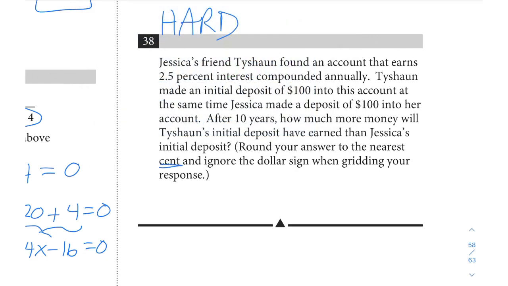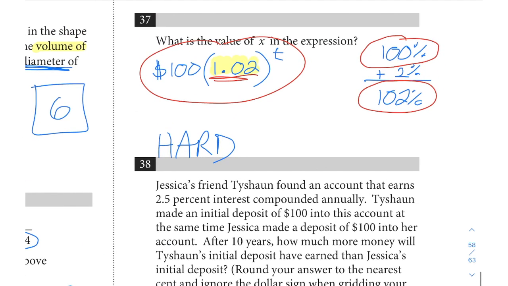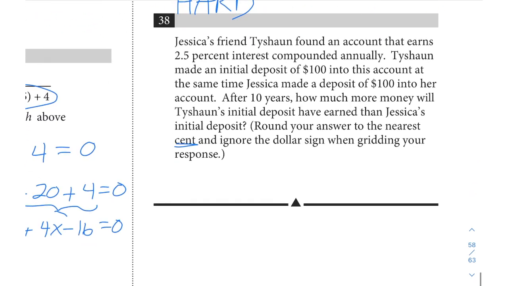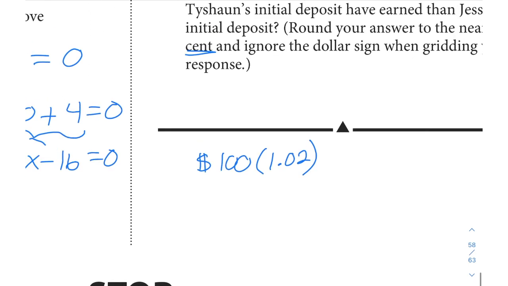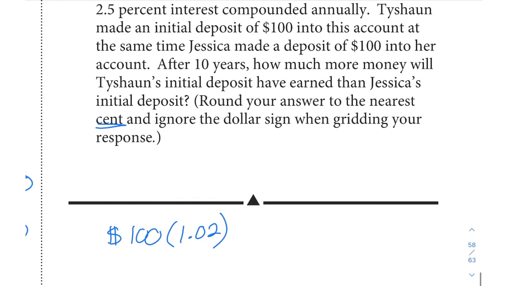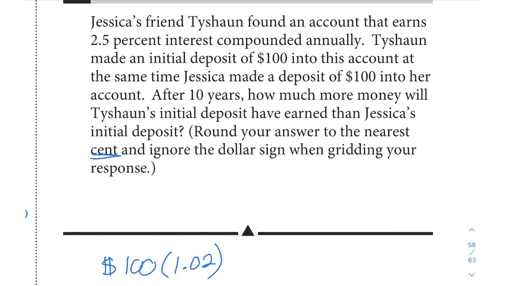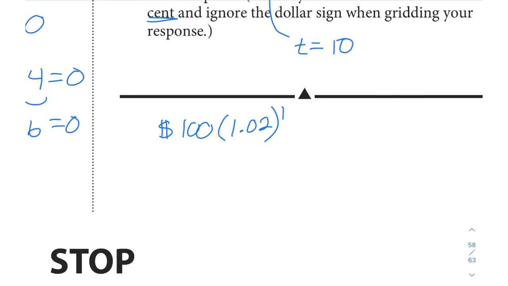Okay, so we have to use this equation that was Jessica's that we had up here. So this is her initial amount of 100 times 1.02, and it's to the t. In this case, let's see what we would plug in for t here, because they give us an amount of time in this question. It says after 10 years, which is just another way of letting us know that t equals 10.